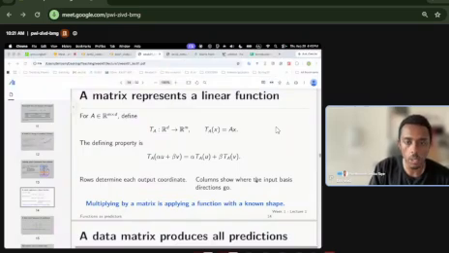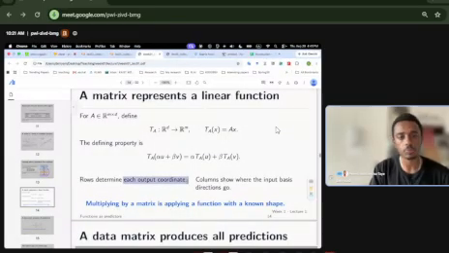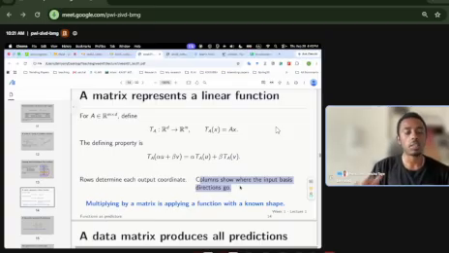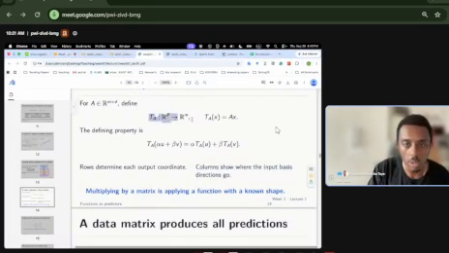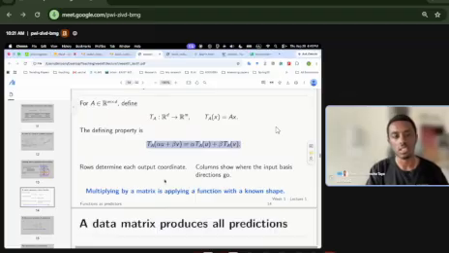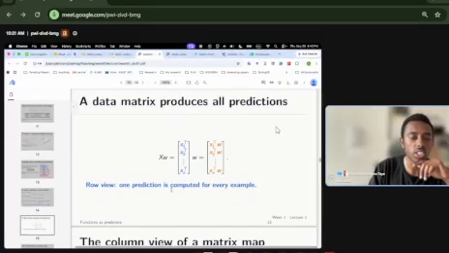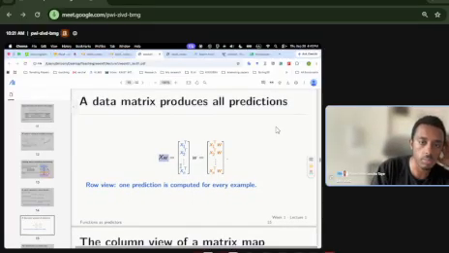The row determines each output coordinate and the columns, yeah. Basically the whole idea here is that multiplying by a matrix is applying a function, and there are some important mathematical properties like this. Then what actually happens when we do this product A times x?